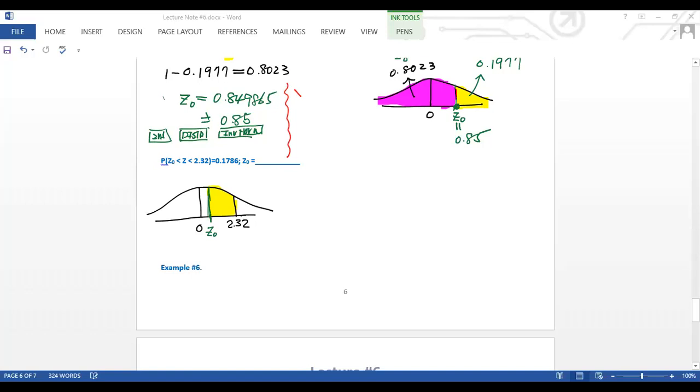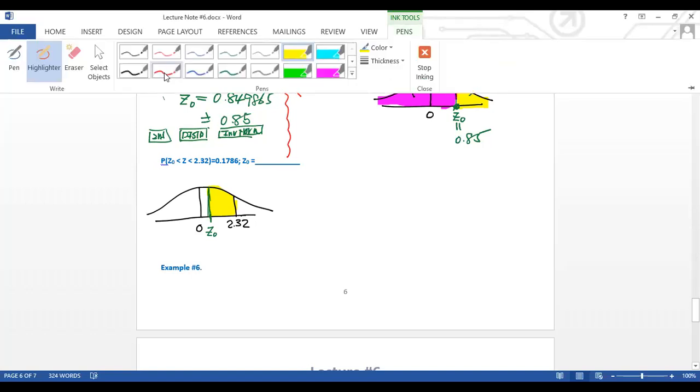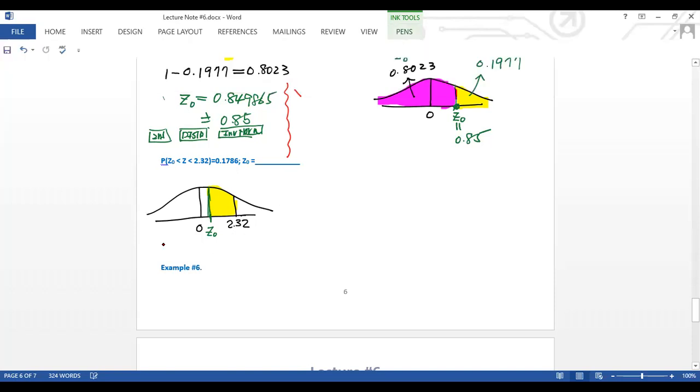Let's go back to my graph here. I just used the TI-84 calculator and I get the 0.9898. So which area is 0.9898? It's from 2.32 all the way down, right?